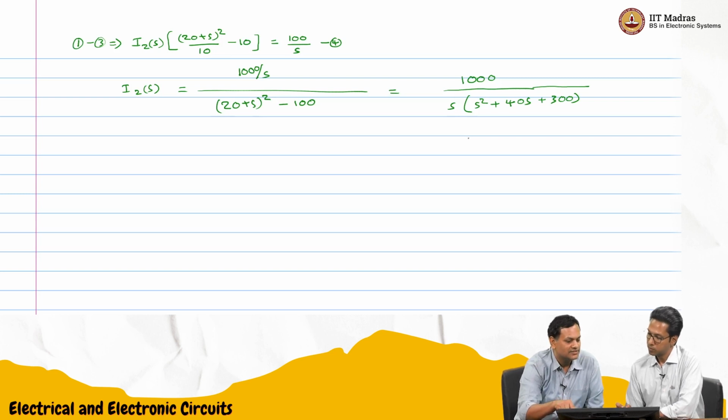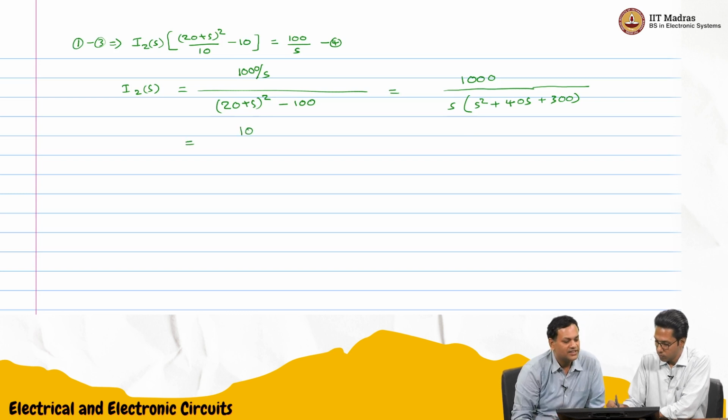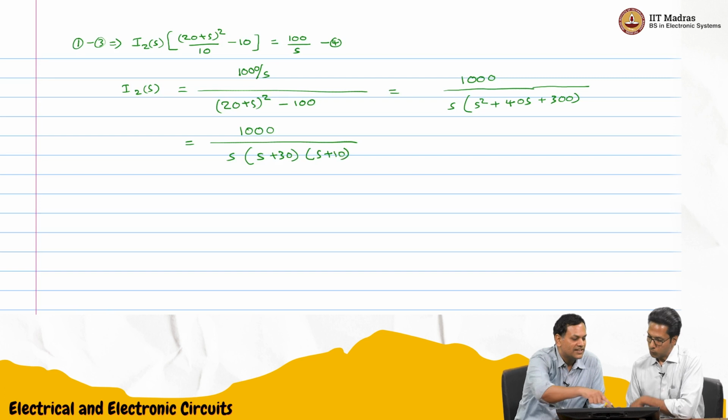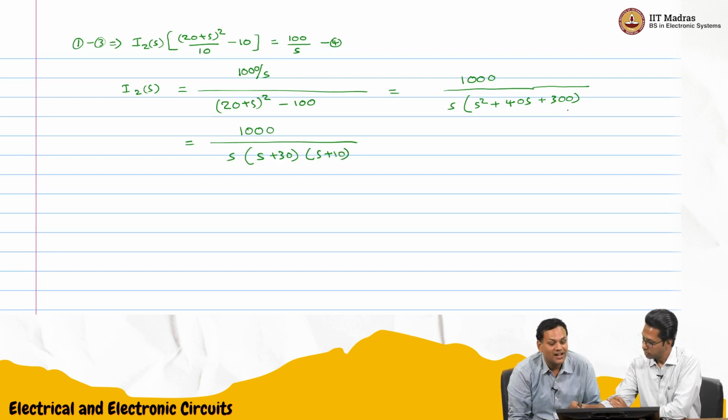So then I will get 1000 by S into S plus 30 into S plus 10, because all I did is A squared minus B squared is A plus B into A minus B, no? So 100 is 10 squared. It is not obvious.